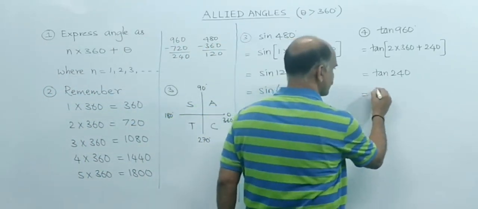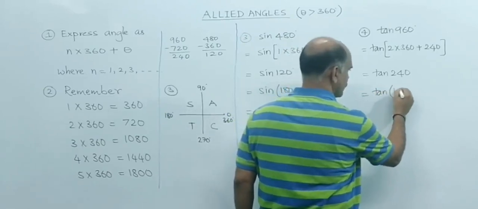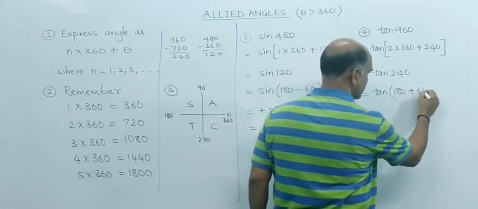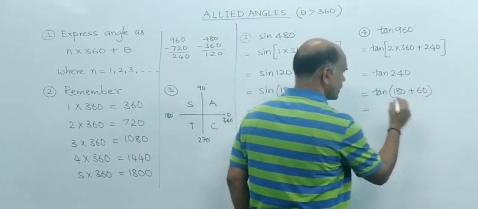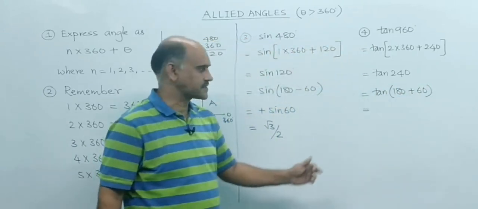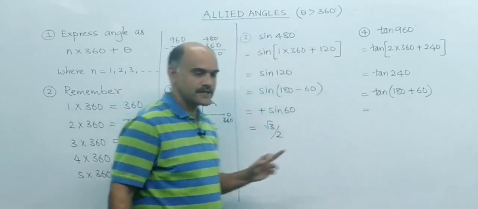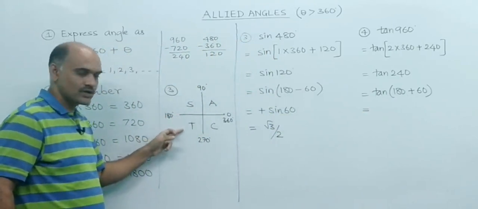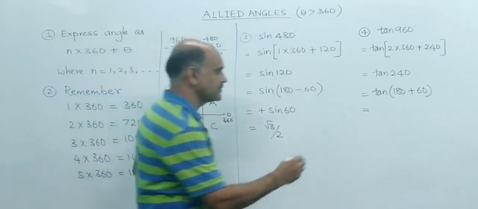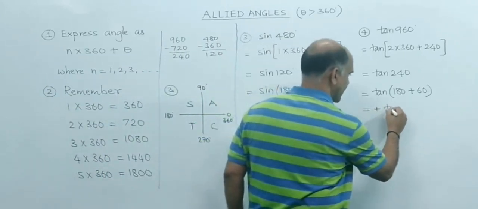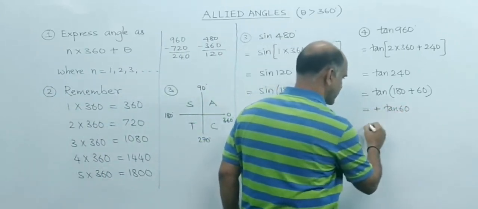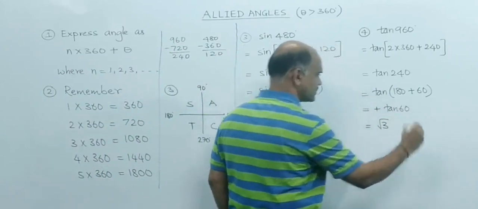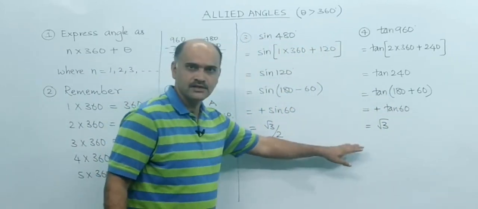So this is equal to tan of 180 plus 60. 180 plus means it is in the third quadrant. In the third quadrant tan is positive. So you'll have plus tan 60. Tan 60 is root 3. So the answer is root 3.